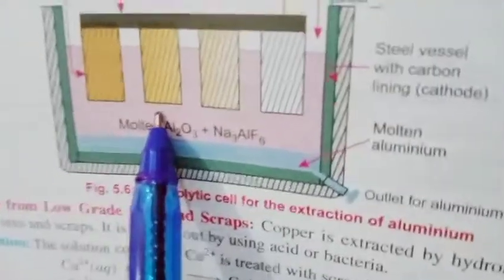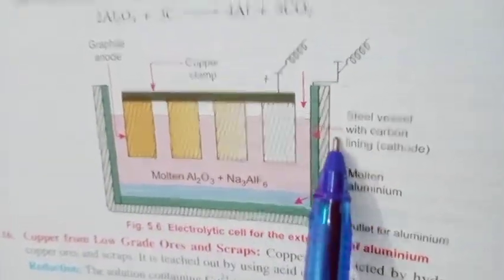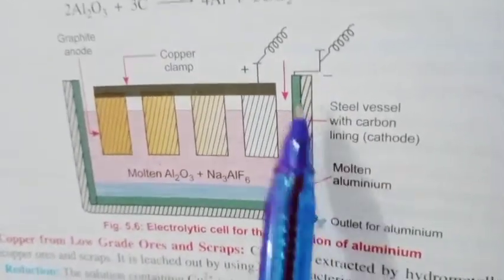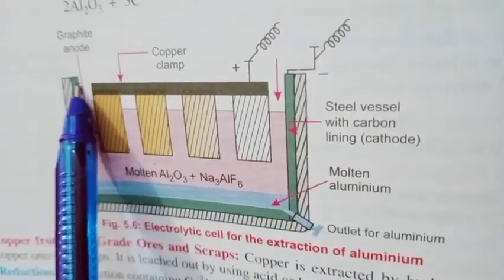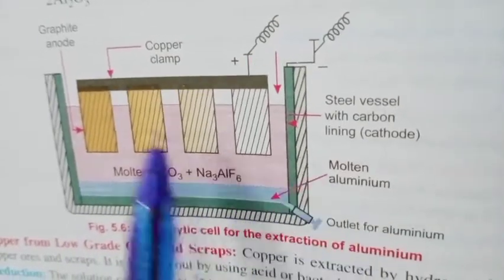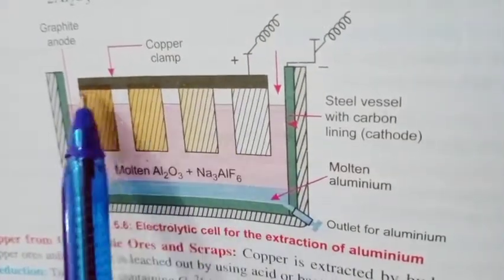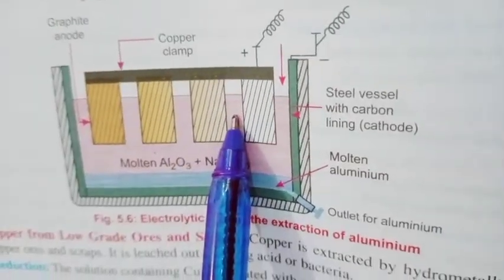Look at here, the process is called the Hall-Héroult process. It consists of a tank which is made up of steel. Inside it is lined with carbon, and this carbon is acting as the cathode. And from the upper side you suspend carbon rods, and these carbon rods act as the anode.